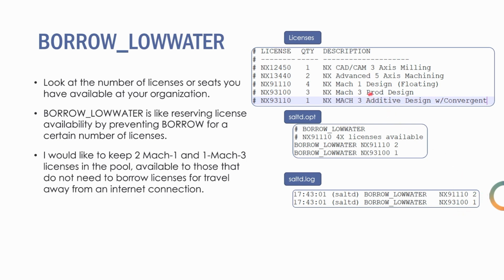Similarly, with the Mach 3 product design, I've got 3. And by inference here, I've got 1 reserved. I'm allowing 2 to be borrowed. That's how the borrow low water works. It's pretty nice. It lets you keep licenses back for your design teams that aren't in need of borrowing or having to be remote, or not without access to the license server.